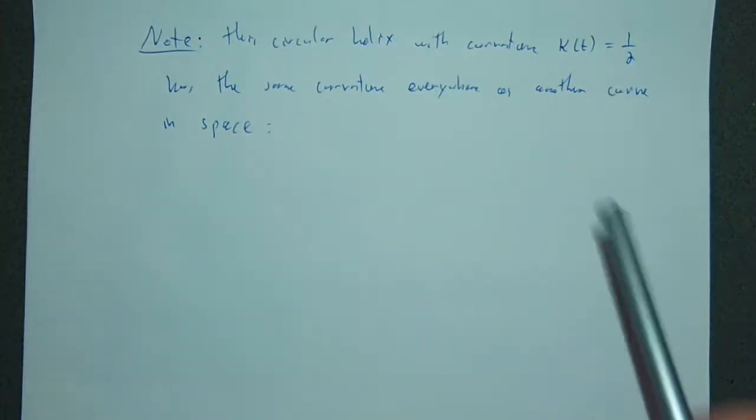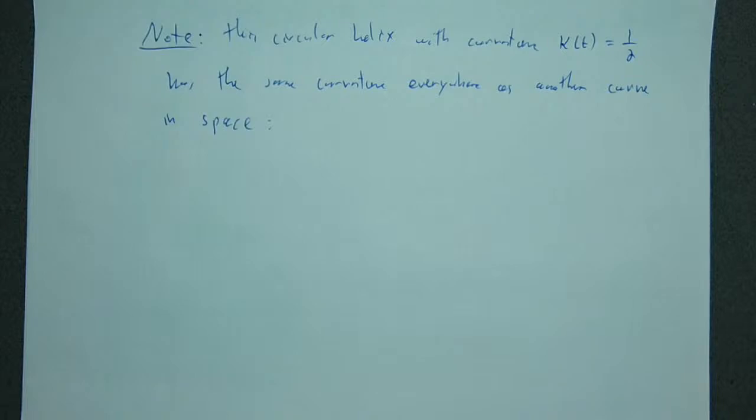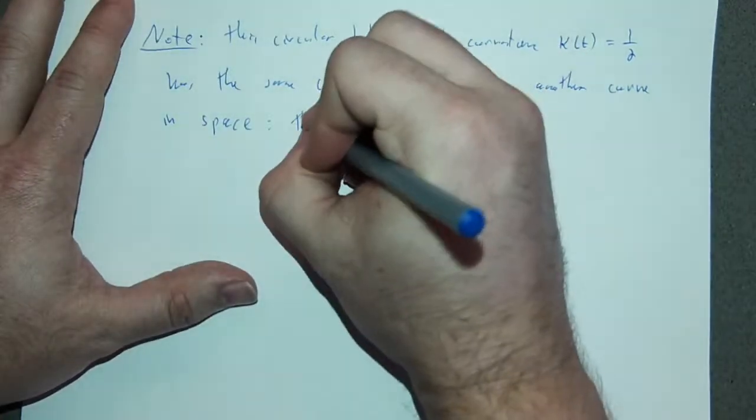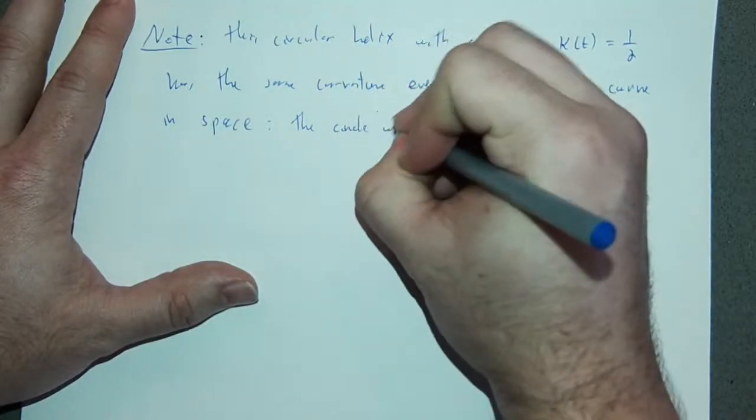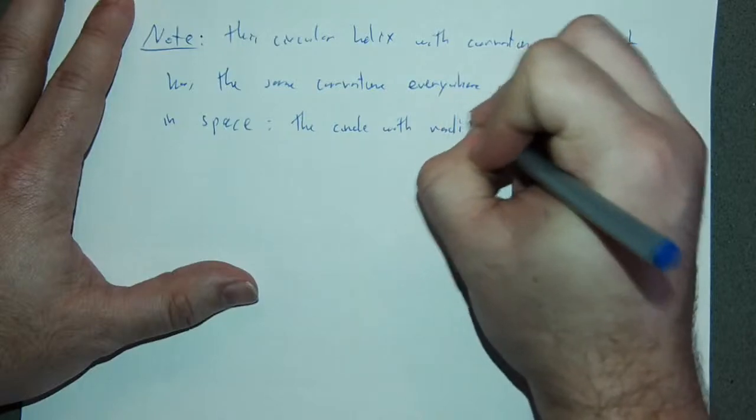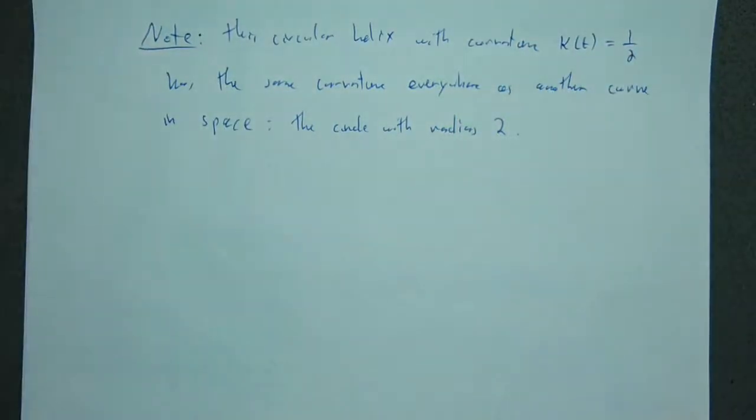What is another curve that has this exact same curvature? The circle with radius 2, exactly. Because the curvature of a circle is 1 over r, where r is the radius, right?